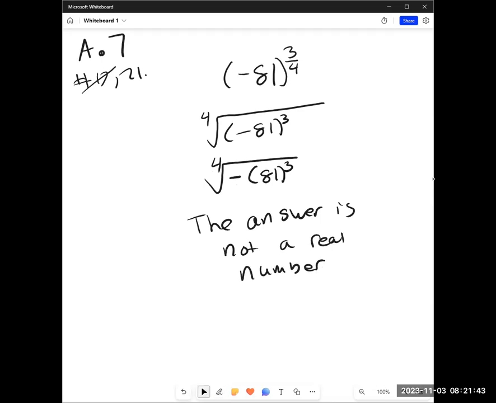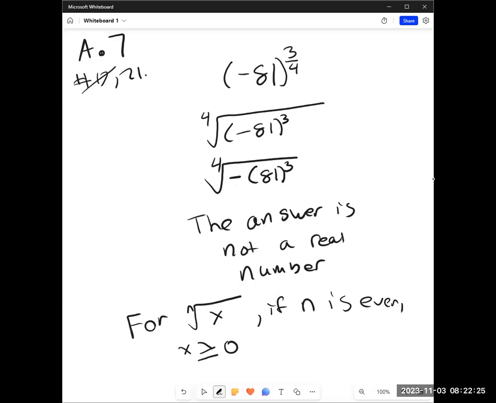We'll come back later and talk about how to write some answers that aren't real numbers. But for right now, we need to know that anytime we have an even root, the number underneath the root must be non-negative. So for the nth root of x, if n is even, x has to be greater than or equal to 0.